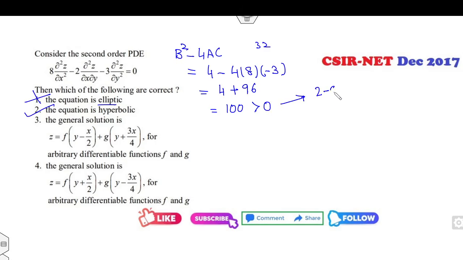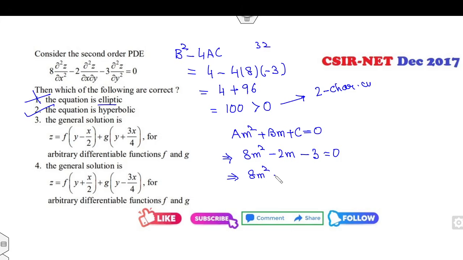Once it is hyperbolic, you have two real characteristic curves. How can you find that? That's am square plus bm plus c. So what is a? 8m square minus 2m minus 3. Can you factor them? 8m square minus 6m plus 4m minus 3. So the factors will be 4m minus 3 and 2m plus 1.